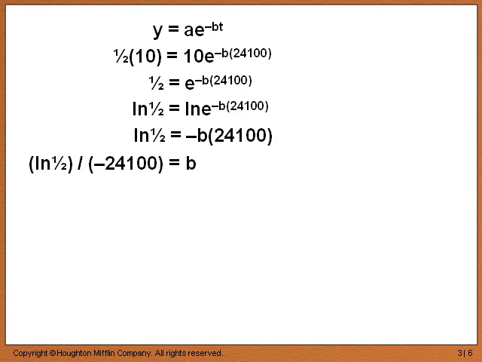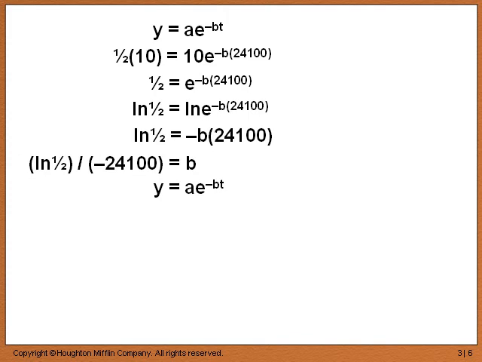Alright, so now that we found B, we need to try to find Y. So we're going to use the exponential decay or radioactive decay model again. Y equals ae to the negative bt. Now, we found B, so we can put that in.